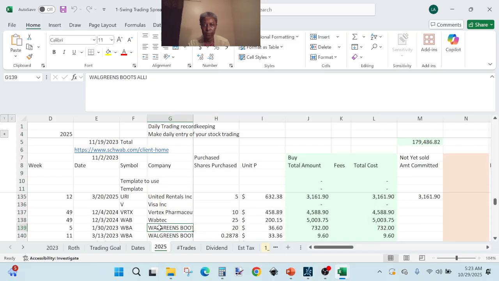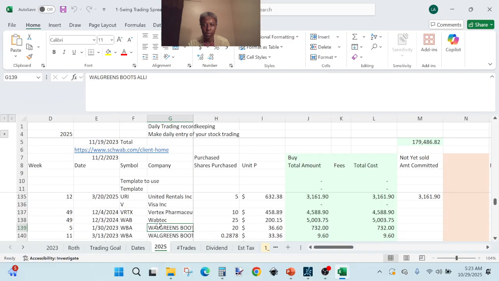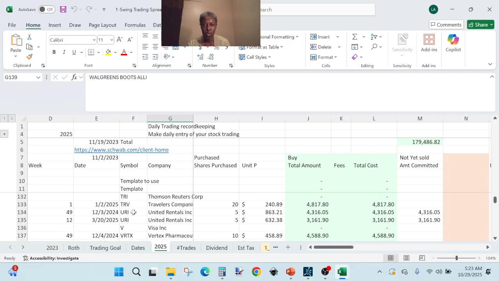So for URI, we purchased in 2024 for 863, and then we purchased it again in 2025 for 632, and we have not sold them yet.